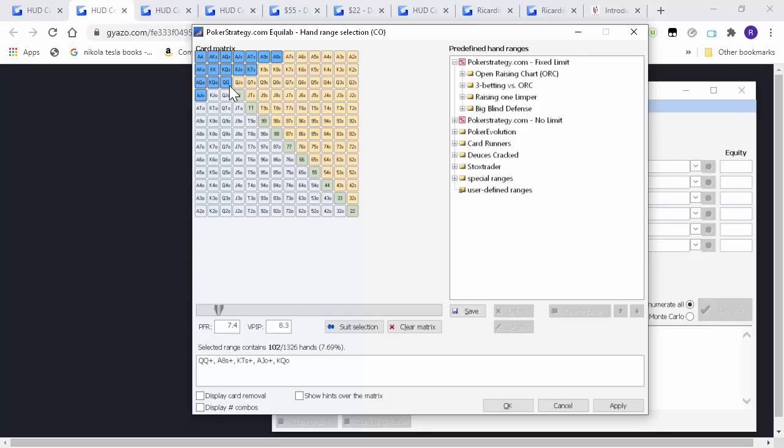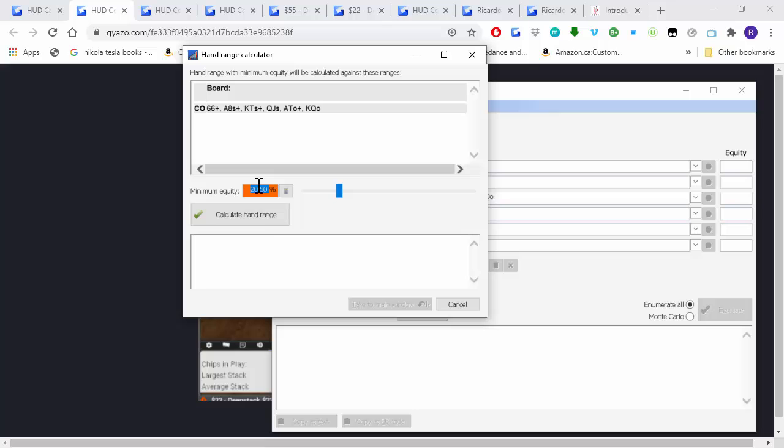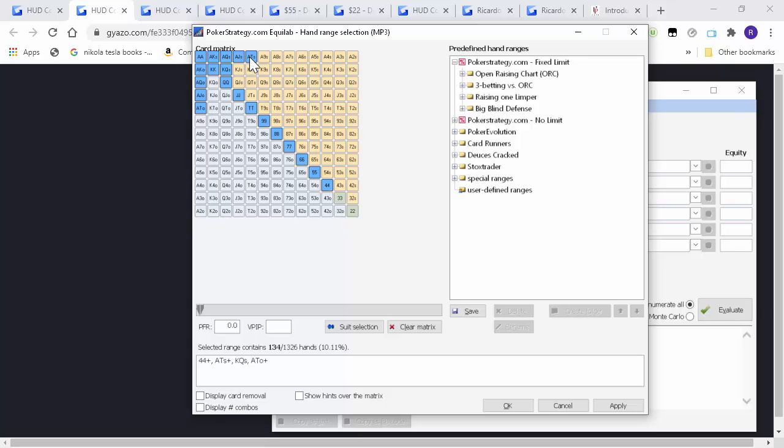He's jamming king queen, he's probably jamming something like this. Mario Kart equity, let's test it out with 40% first. Normally I can only call four plus, ace 10, king queen suited.